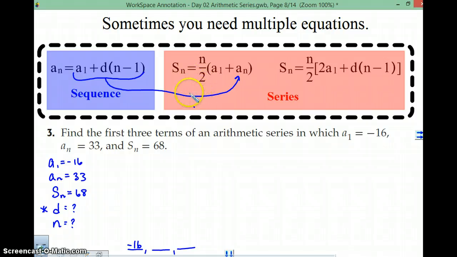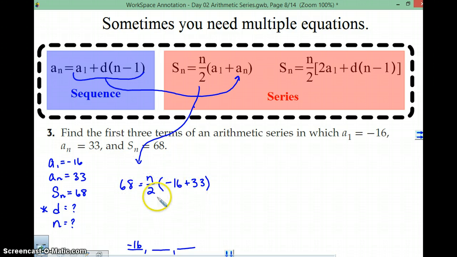I'm going to use this equation right here. Okay? So we're going to say 68, that's my S sub n, equals n, I don't know n, over 2, times a sub 1, I know that, plus a sub n, I know that. Good? Okay.